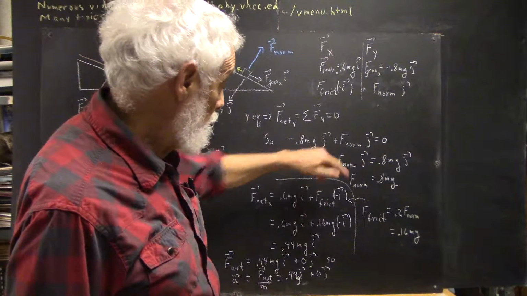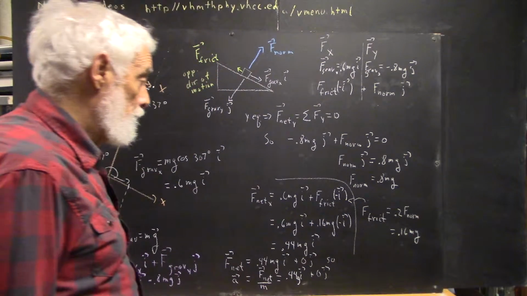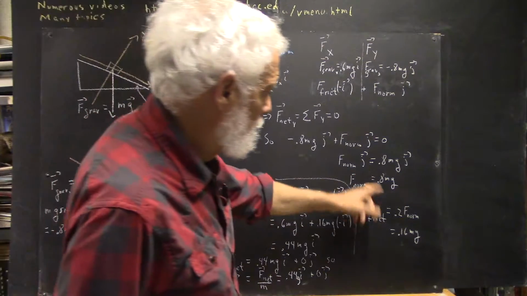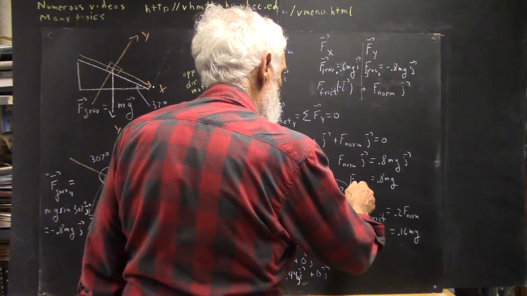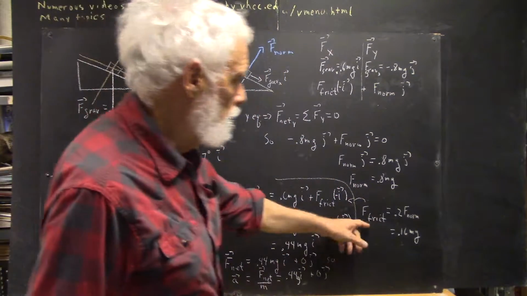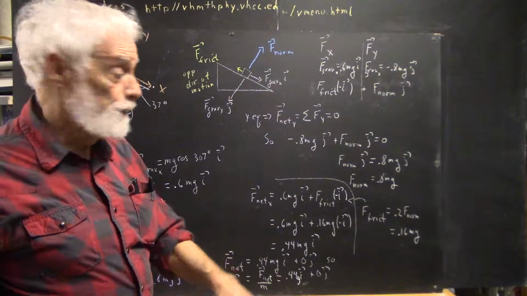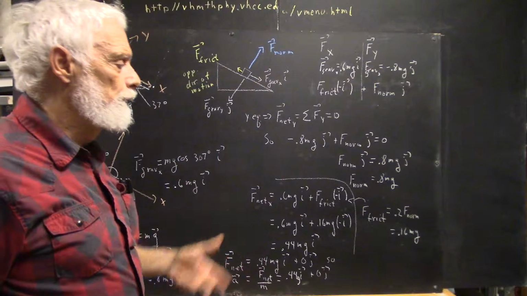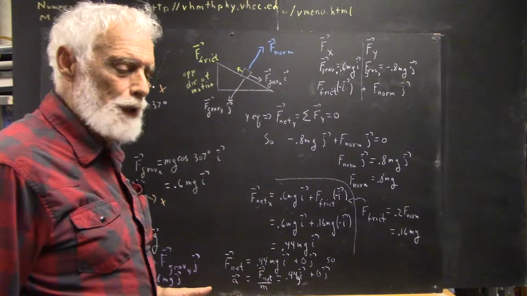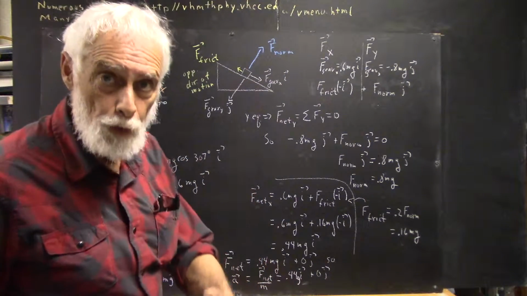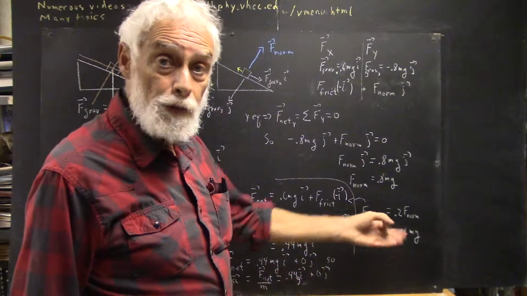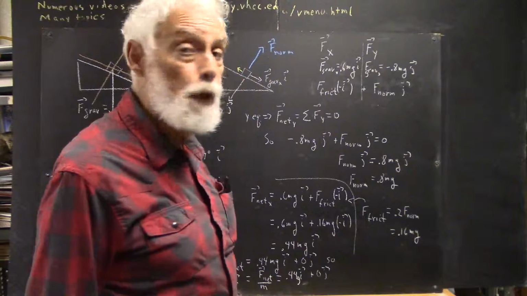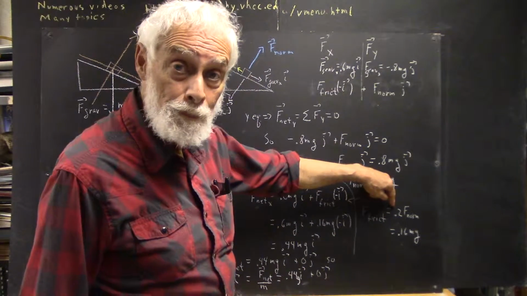Now, we look at the x direction. Once we know F norm, we can calculate the force of friction, because, as the problem said, the frictional force has a magnitude that's 20% that of the normal force. Meaning, of course, if you put it in standard terms, the coefficient of friction is 0.2.